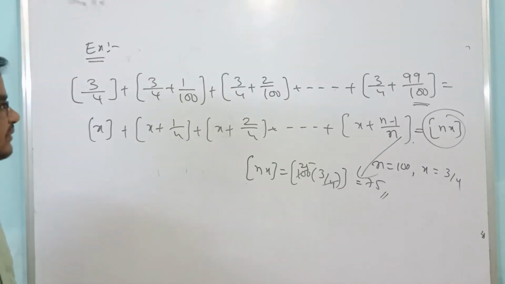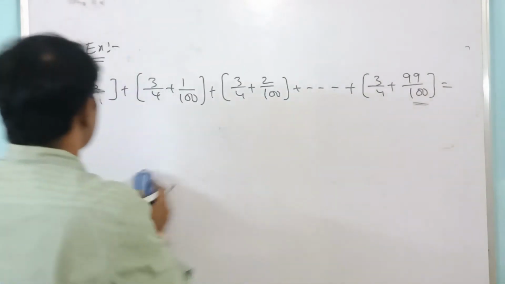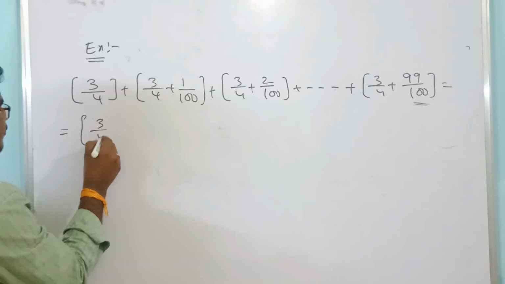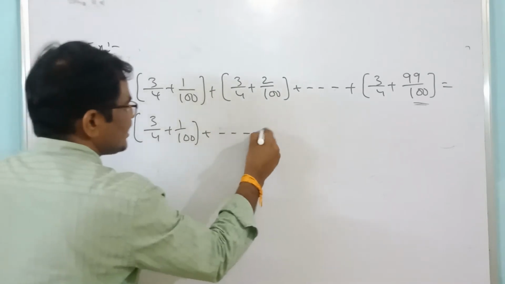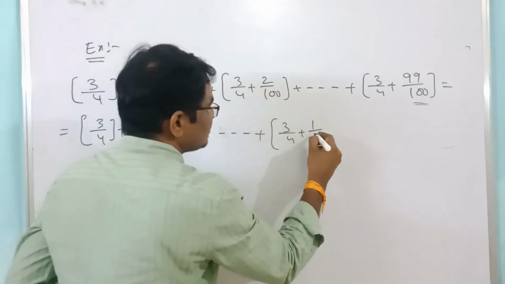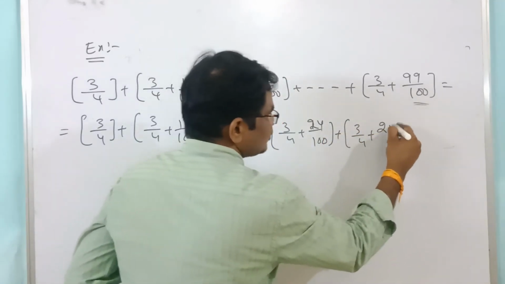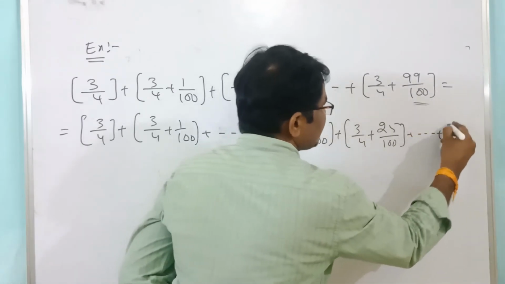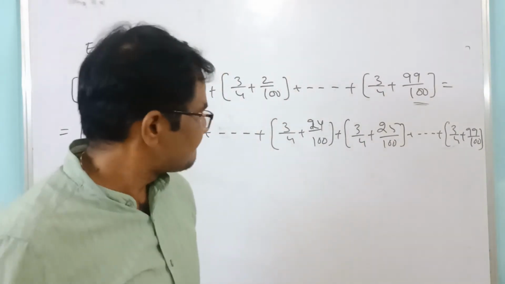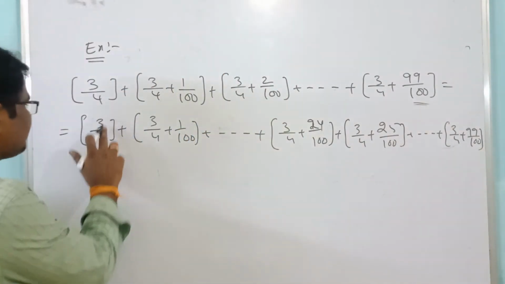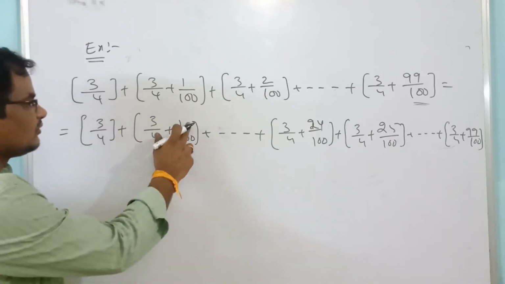Right? But generally if you simplify, how to get the answer? So this is nothing but, I will write like this. Floor of 3 by 4 plus floor of 3 by 4 plus 1 by 100 plus, etc., plus floor of 3 by 4 plus 24 by 100, I will take, plus floor of 3 by 4 plus 25 by 100 plus, etc., plus floor of 3 by 4 plus 99 by 100. Observe carefully. Now here 3 by 4 is 0.75, 3 by 4 is 0.75 plus 1 by 100 is there.